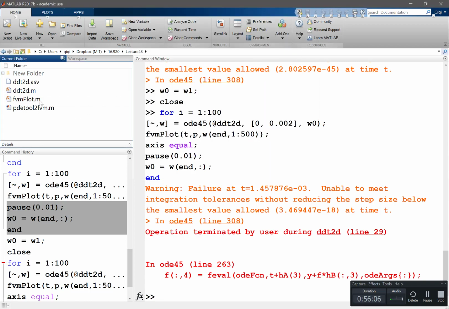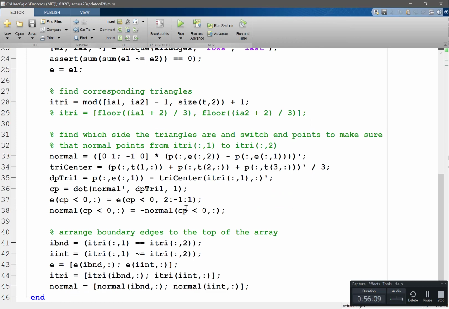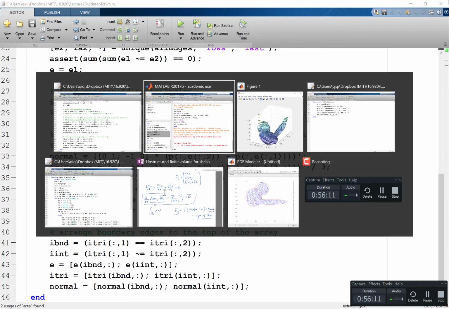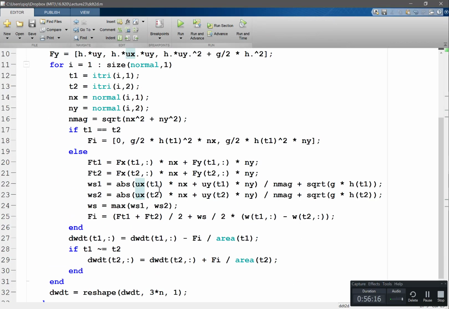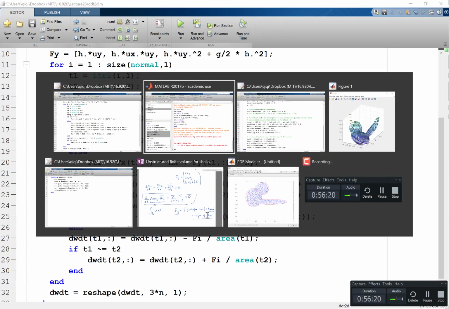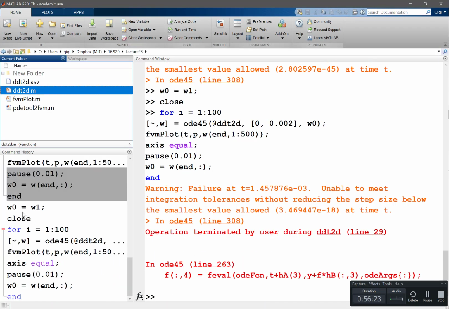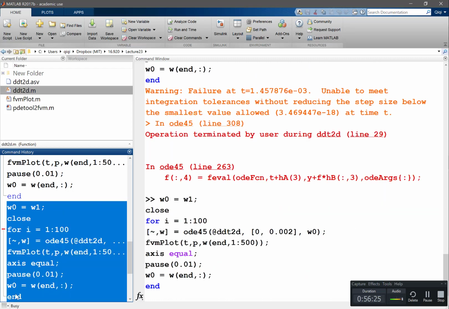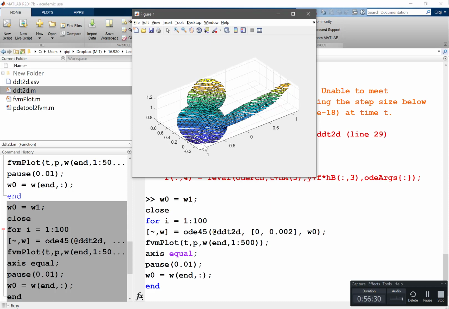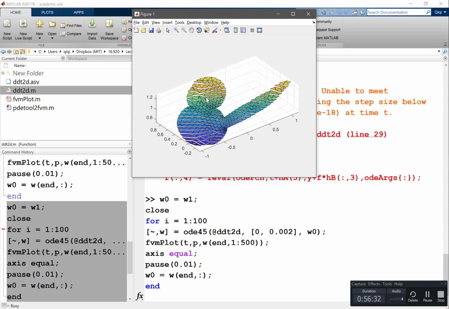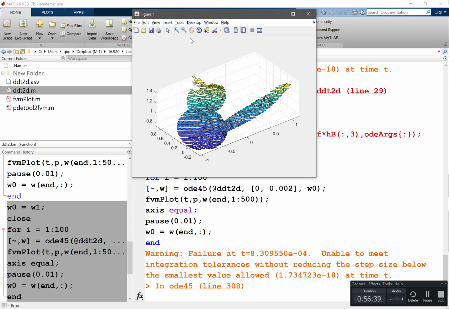So let's see if it can be remedied by increasing the amount of numerical dissipation. So this is ADT 2D, and if I remove the divide by 2, would it work for a bit longer? So let's do this. The same thing, right? So it stopped over here.